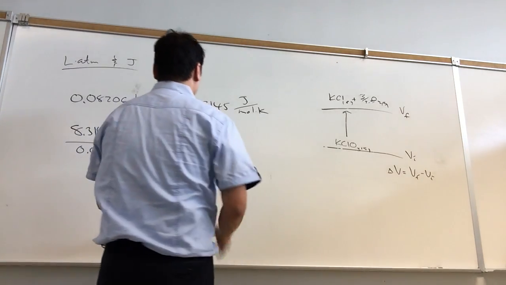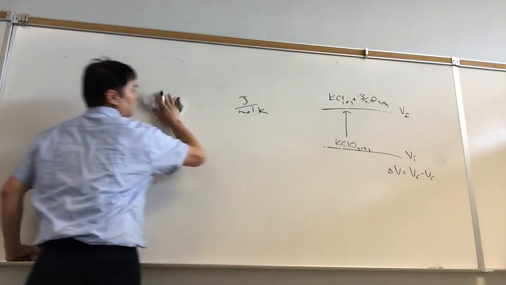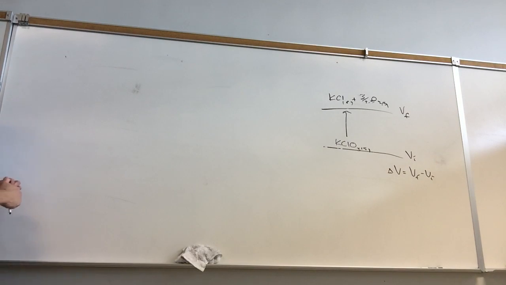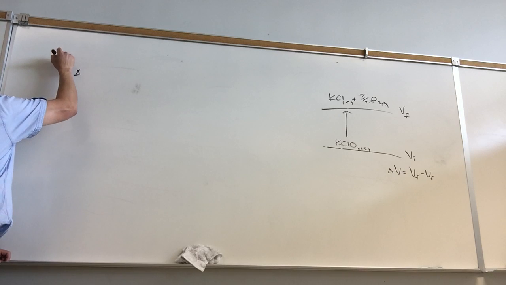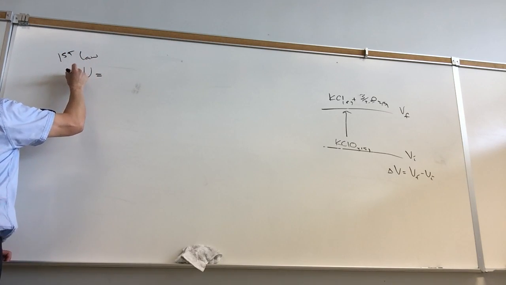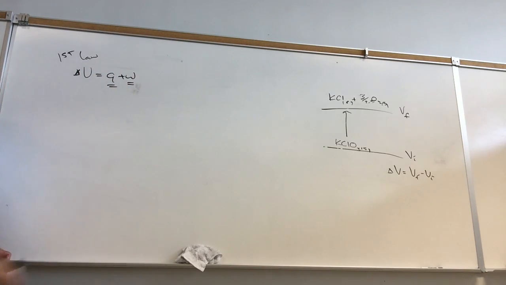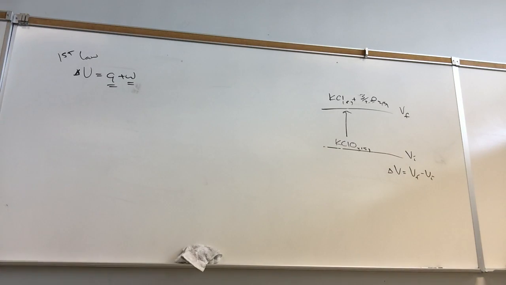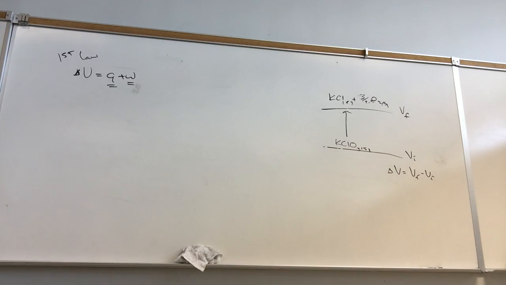So the first law of thermodynamics, these calculations are pretty easy if we just know delta V. So we'll look at a more complex calculation next. But the first law of thermodynamics is this: that delta U, the total change in energy, is equal to Q plus W. And then we have this thing about the sign convention. Do you know the sign convention?